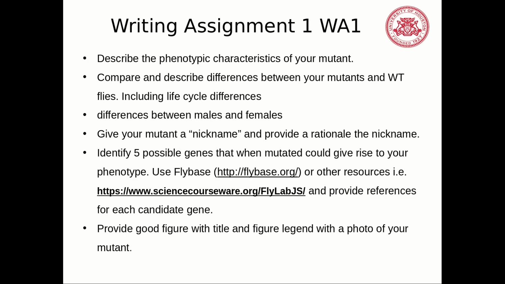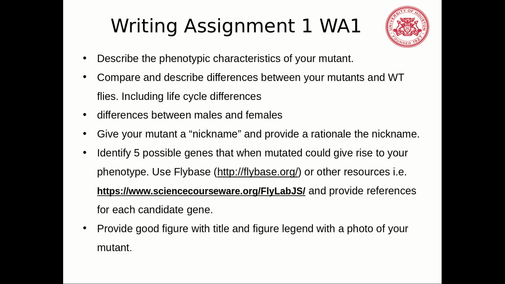All right, so writing assignment 1: describe the phenotype characteristics of your mutant. You're going to describe what the mutant looks like. It has white eyes. That's one sentence, but you need to be a little bit clearer than that. Describe the differences between your mutants and the wild types, maybe even life cycle differences. All kinds of things might go on.